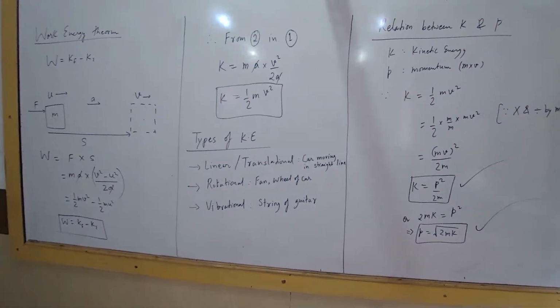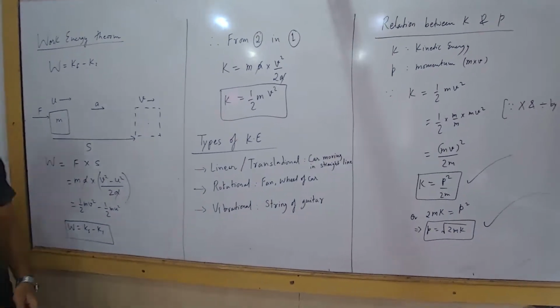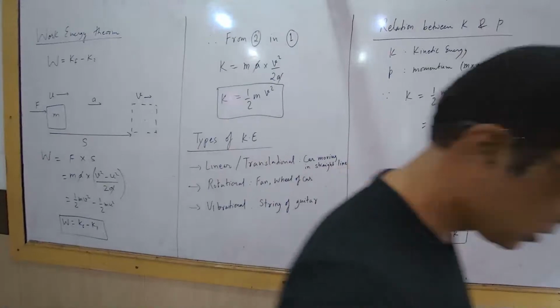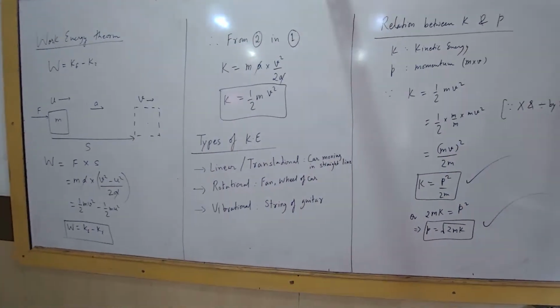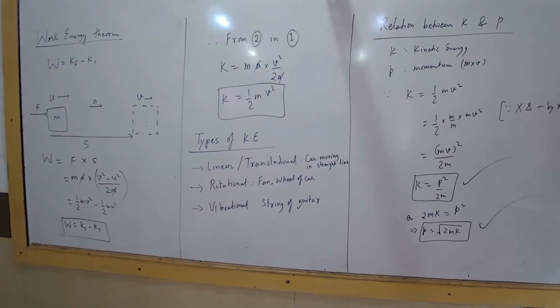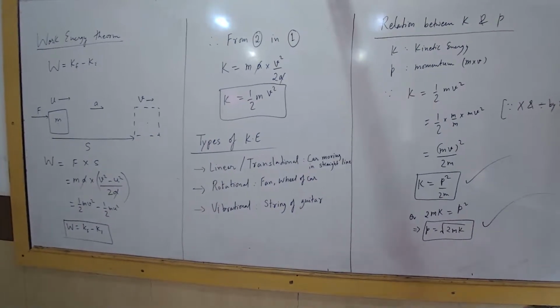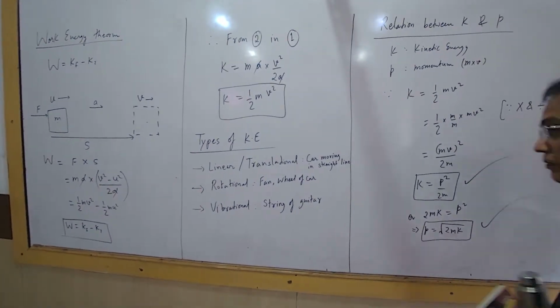Half m and half m would be cancelled. I'm wrong. So this is the work energy theorem.